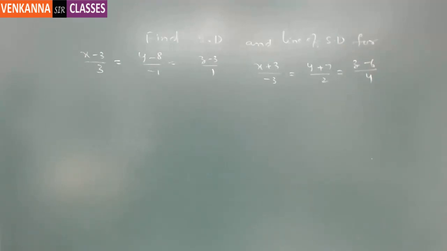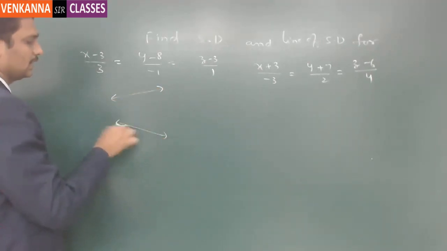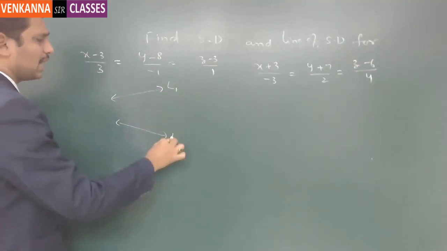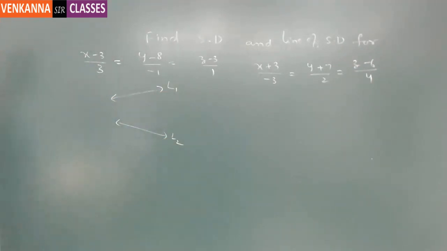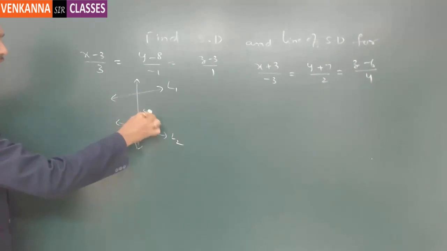Right. Now, if you visualize the picture for the problem, let us say that this is line 1 and line 2, which are given in symmetric form. The shortest distance line is always perpendicular to the given lines, the SD line.